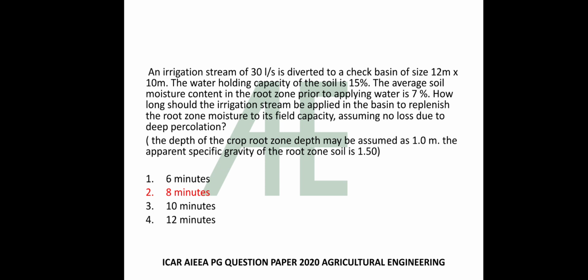How to solve this, we will see. The percentage of water to be irrigated is calculated by water holding capacity minus average soil moisture content, which is equal to 15 minus 7. We will get 8%. Depth of water to be irrigated is equal to percentage water irrigated into root zone depth into apparent specific gravity, which is equal to 8 divided by 100 into 1 into 1.50. We will get 0.12 meter.